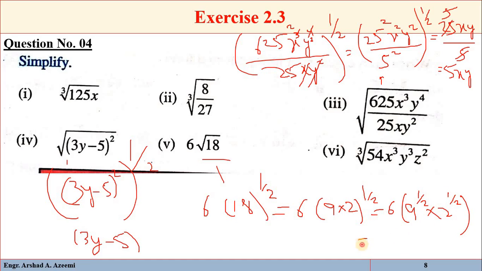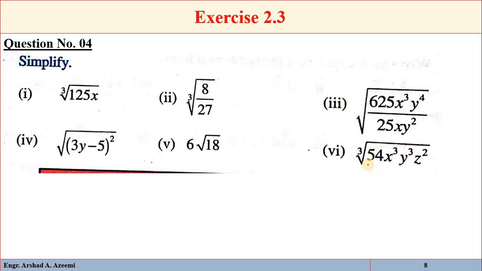So from this we can get 6. 9 is equal to 3 square, so the square of 3 will be cancelled with 2 and we will get 3, and it will be the square root of 2. This will be equal to 18 multiplied by the square root of 2.